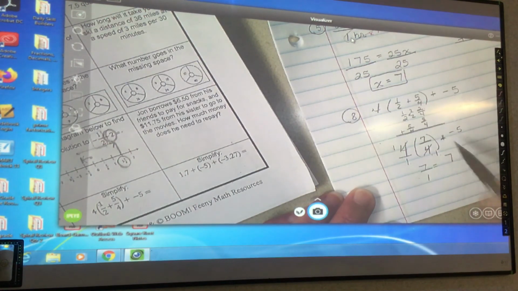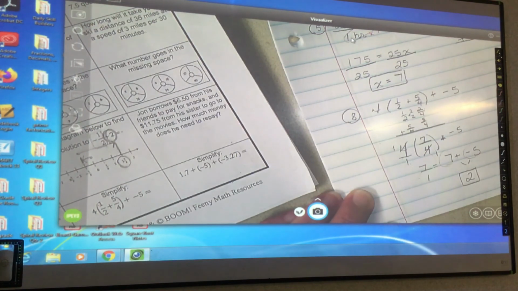Bring down the plus a negative 5. One's positive, one's negative, so you just subtract. So what's 7 minus 5? 2. And take the sign of the bigger number. Is it going to be a negative or a positive? Positive, and so I don't have to write the plus there.